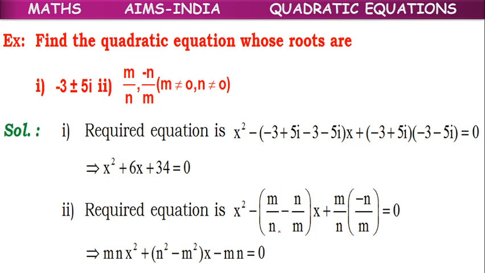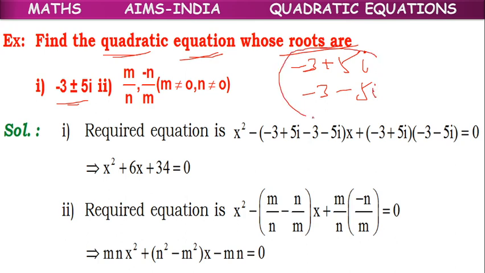Next, another example. Find the quadratic equation whose roots are minus 3 plus 5i, minus 3 minus 5i. Actually these are two separate roots, but combined they can be written as minus 3 plus or minus 5i.